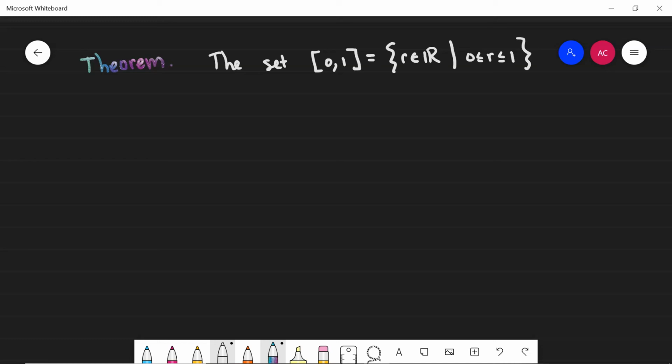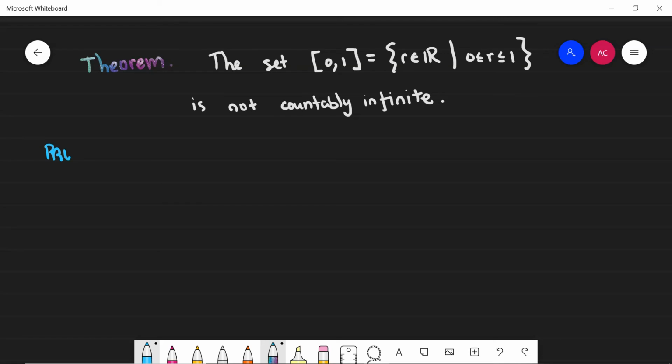Okay, so this set is not countably infinite. Of course it is infinite, but it's not countably infinite. In other words, there is no bijection from this set to the set of natural numbers. Okay, so let's write down a proof of this fact.